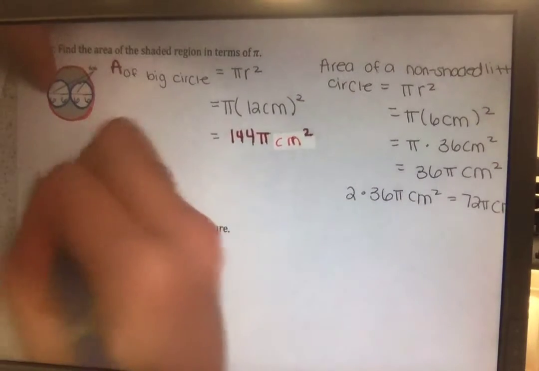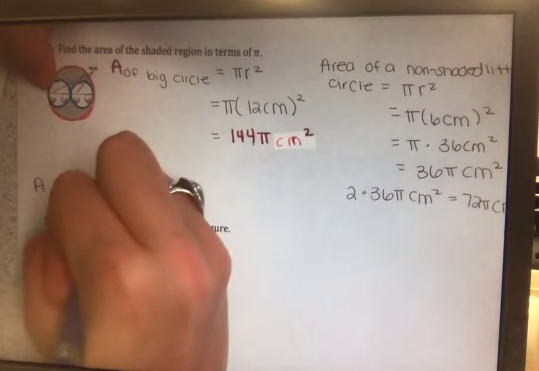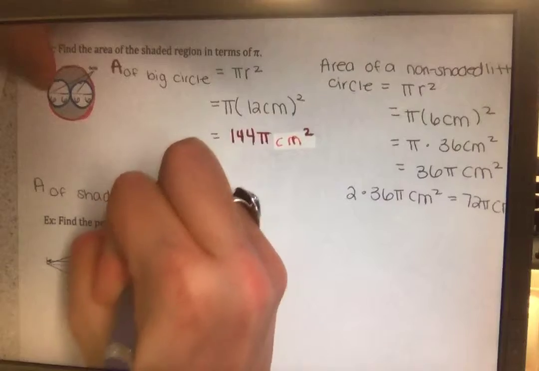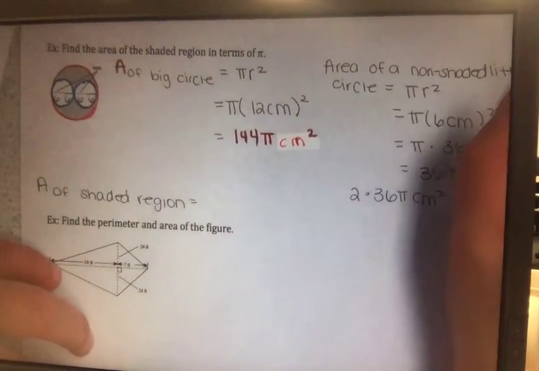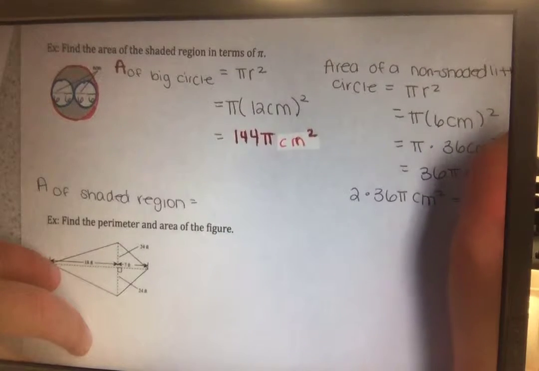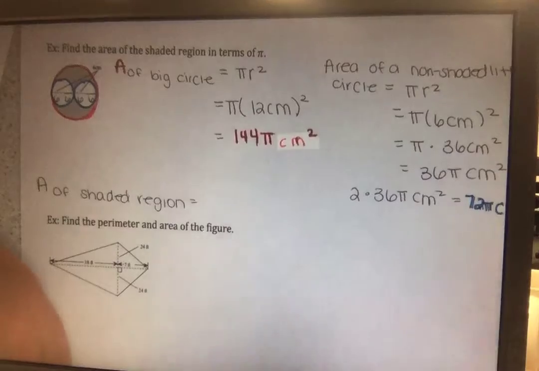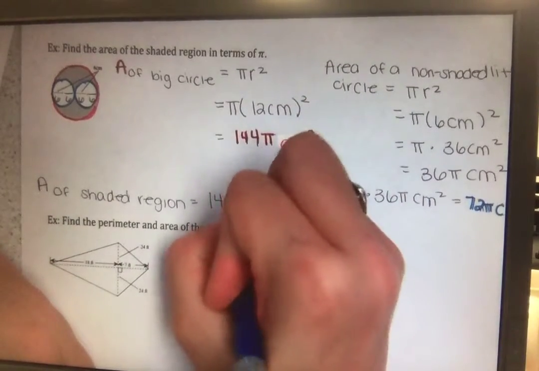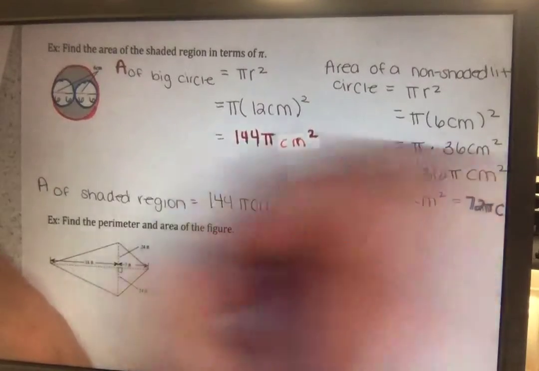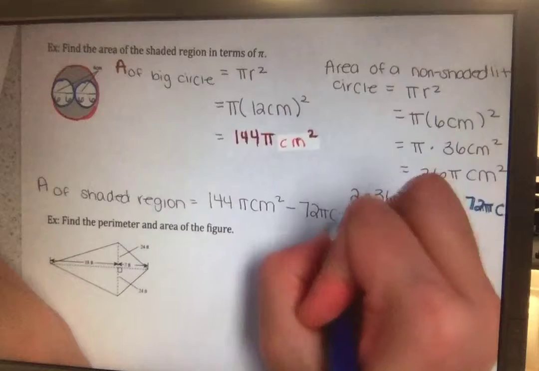So to find the area of the shaded region, it is our entire big circle, the whole red circle, 144 pi centimeters squared, minus the 2 unshaded blue circles, which is 72 pi centimeters squared.